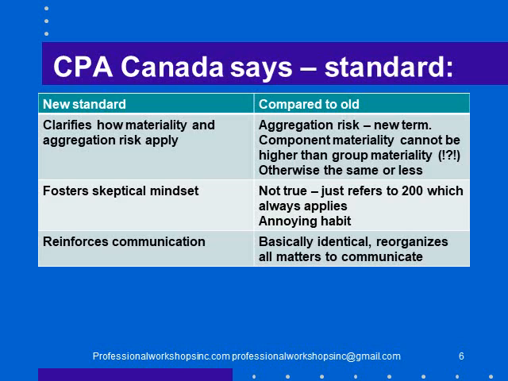If you have a parent and you have a subsidiary and you have the combined or consolidated financial statements, presumably the consolidated statements have a higher materiality than either the parent or the sub. I would have thought that was obvious. Apparently, I assume it wasn't, so they've made that clear.